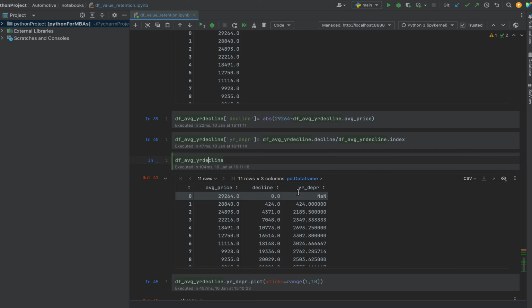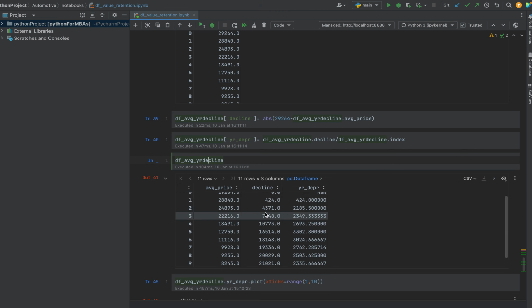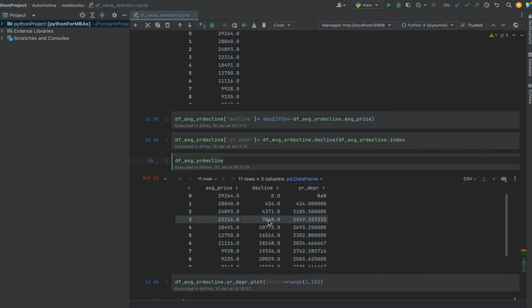No, my bad. This isn't cumulative. This is decline. So this is cumulative decline. And the reason I did that was so you can do a straight line depreciation.